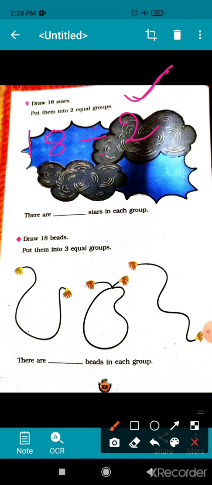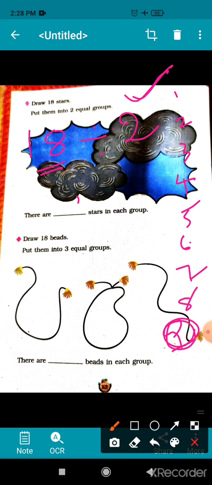How many times do you read the table to get 18? Yes. 2 ones are 2. 2 twos are 4. 2 threes are 6. 2 fours are 8. 2 fives are 10. 2 sixes are 12. 2 sevens are 14. And 2 eights are 16 and 2 nines are 18. It means 9 stars will be in each group.